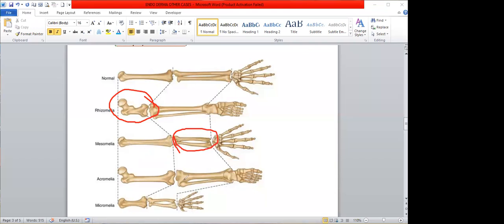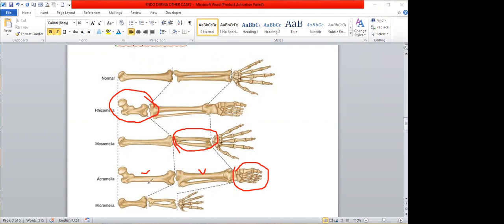Now again, acromelic shortening, where the humerus and radioulna are near normal, but the shortening is in the phalanges. So the thumb, fingers and all over this hand are shortened.